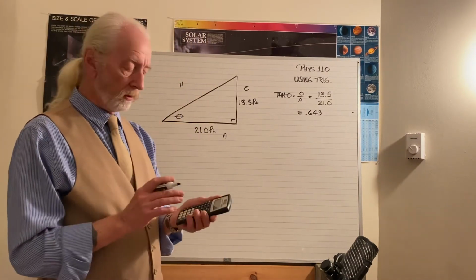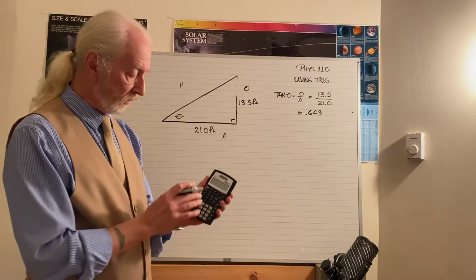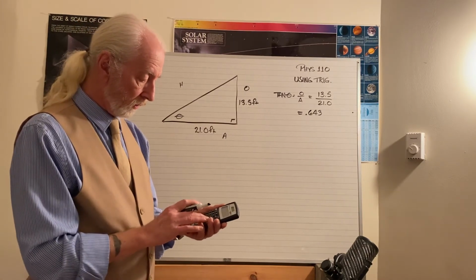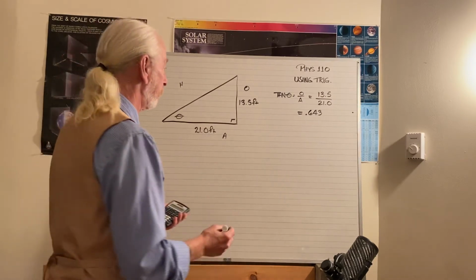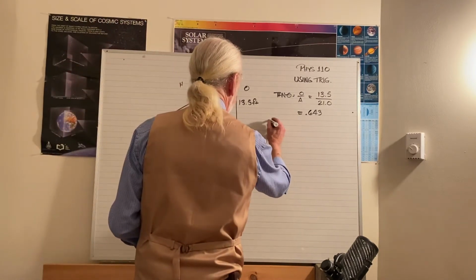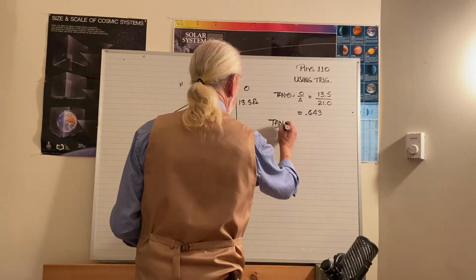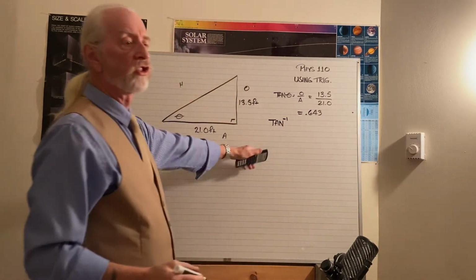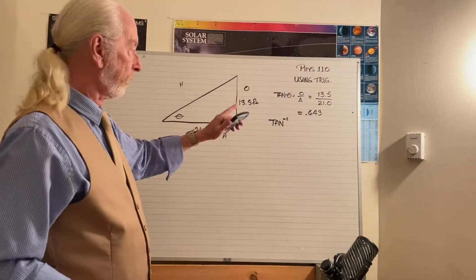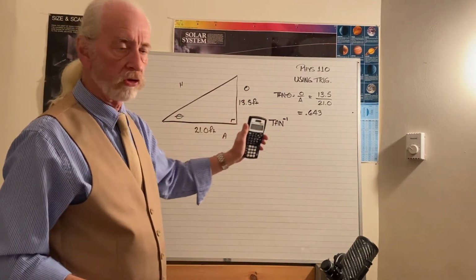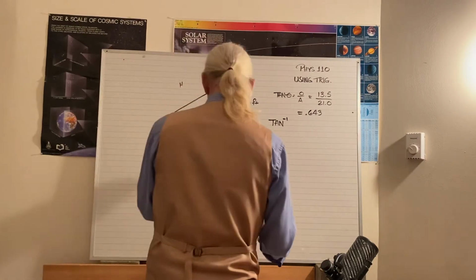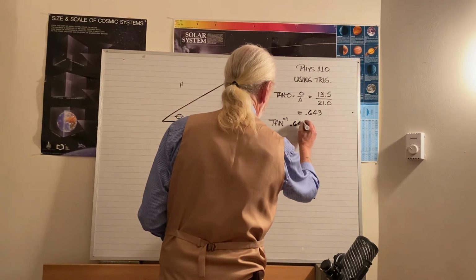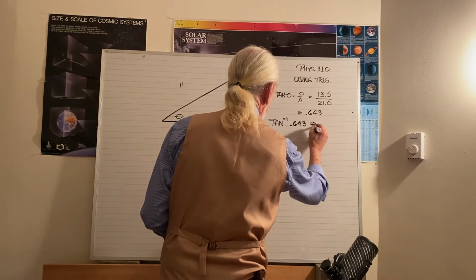The way I'm going to do that is I'm going to hit second or shift, my top left hand, tangent, and I'll see this on the calculator. That's the reciprocal function. Okay, I'm doing the reciprocal function of tangent. And let's see what angle it yields.